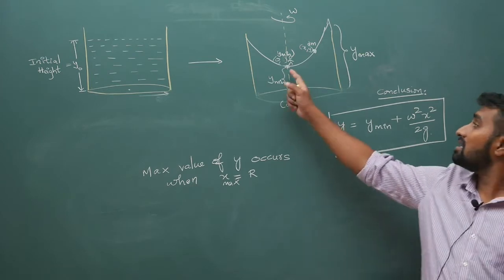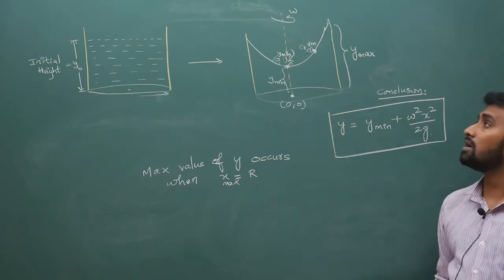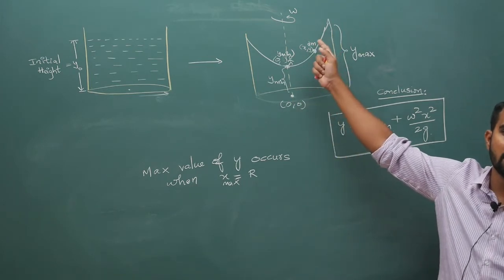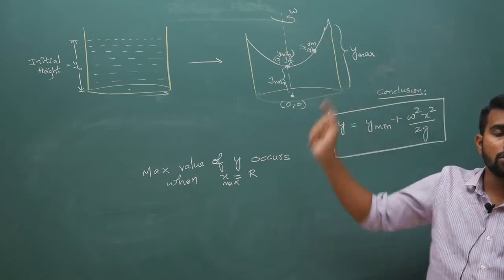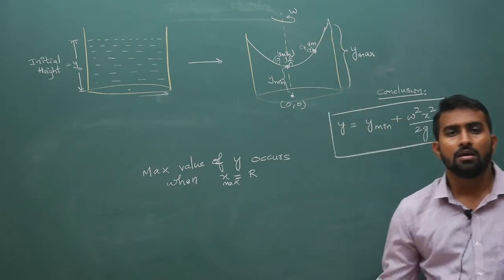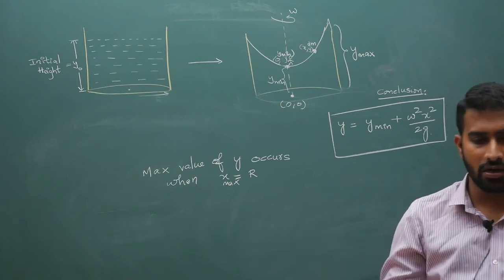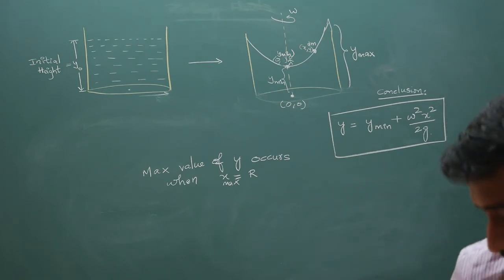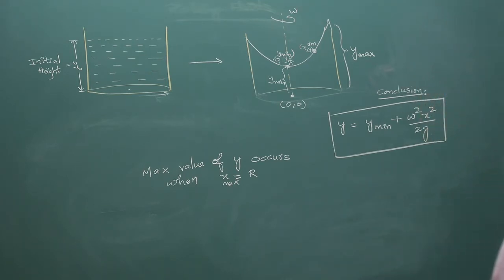You cannot increase your x coordinate beyond r, because if x increases beyond r, what will happen? Liquid will go out of the container. Then that paraboloidal shape will not be maintained at all. Hope you have understood what I am trying to explain here.